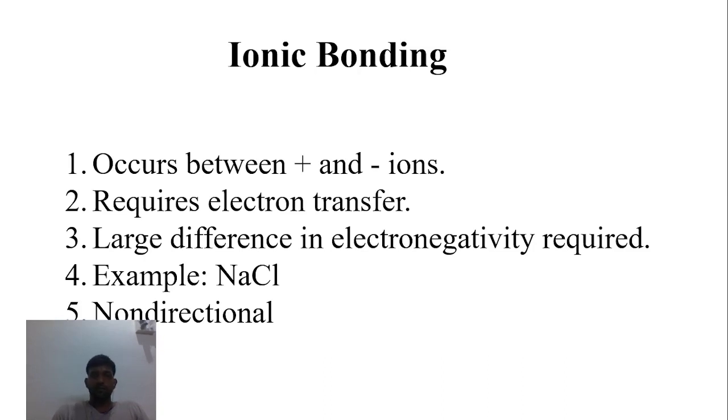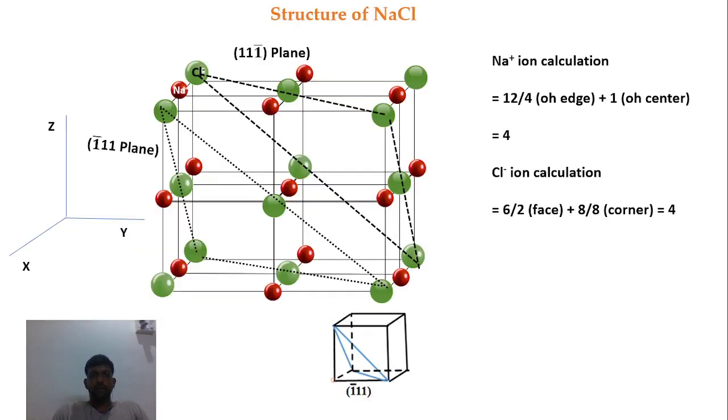So those are some very basic details, which are very easily available on the internet, so you can just check it. Now I will discuss the structure, so you can see how sodium chloride is made. It's an FCC structure in which sodium occupies the 12 edges and one at the octahedral center.